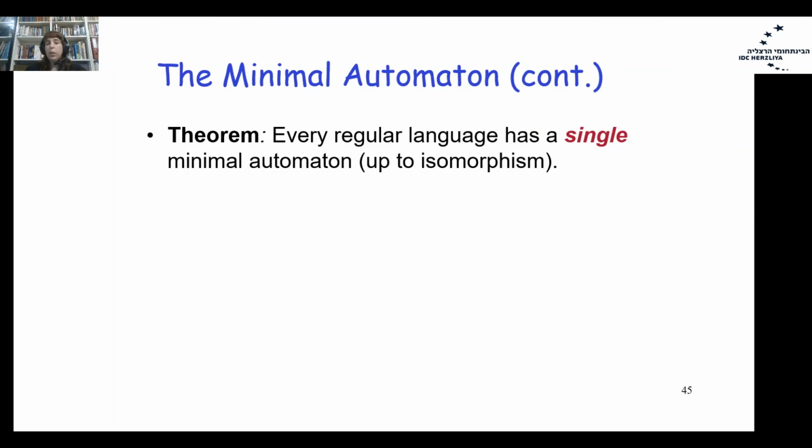The meaning of this theorem is that every regular language has a single minimal automaton. And if we found two different minimal automata, they are actually isomorphic. It's the same graph; we just named the states differently or drew them in a slightly different form.